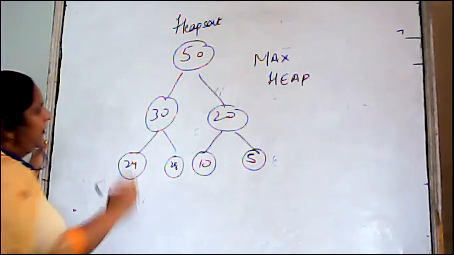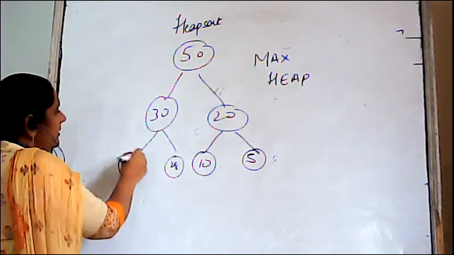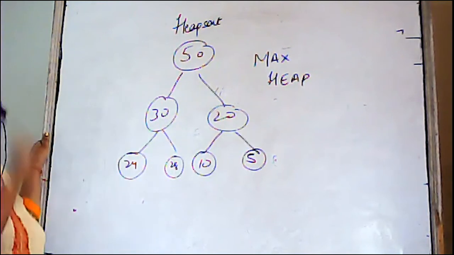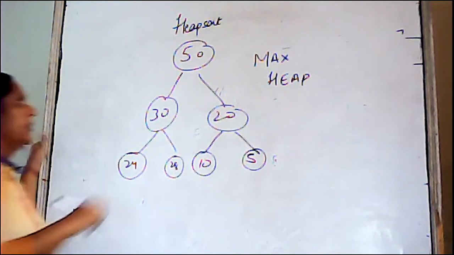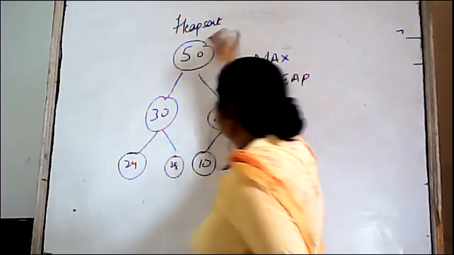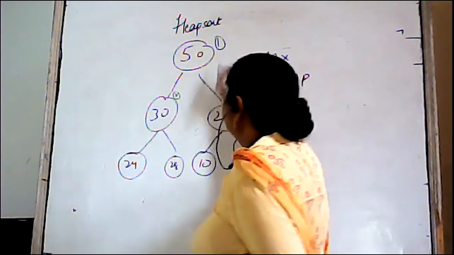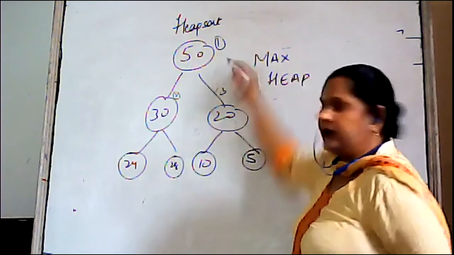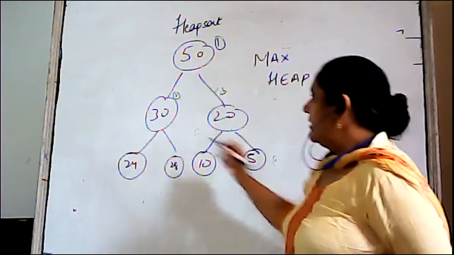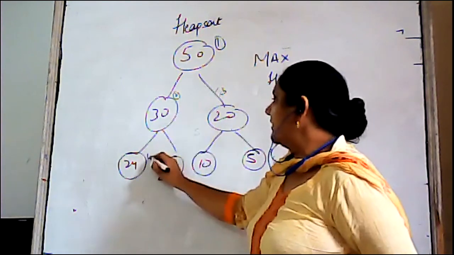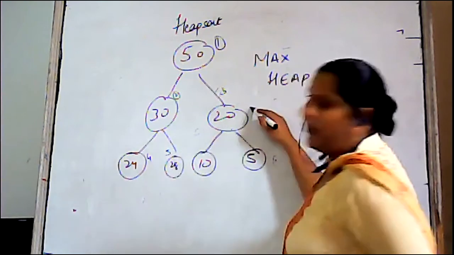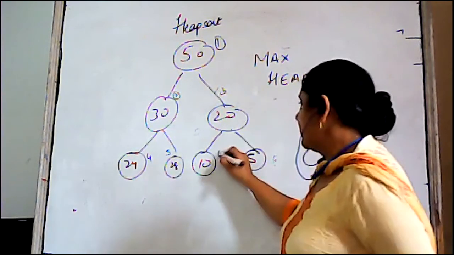So max heap is where the root node is greater than its descendants. Suppose this is index 1, my parent node. The value at the parent node, root node 1, is greater than 2 and 3. The value at node 2 is greater than 4 and 5. The value at 3 is greater than 6 and 7.